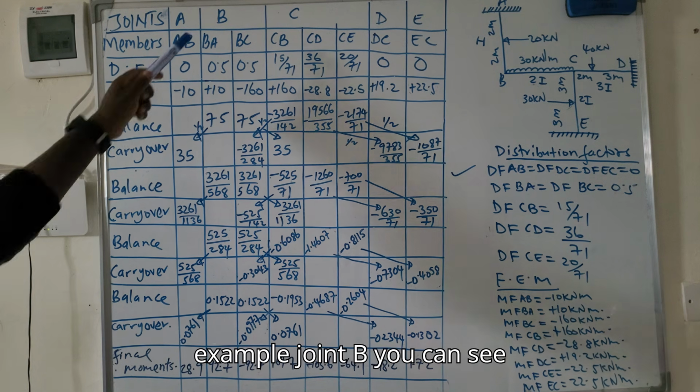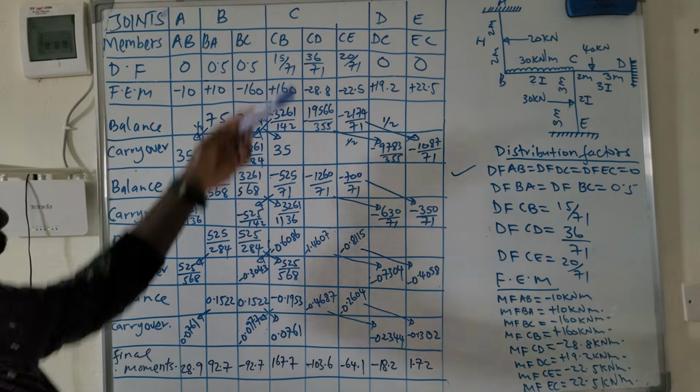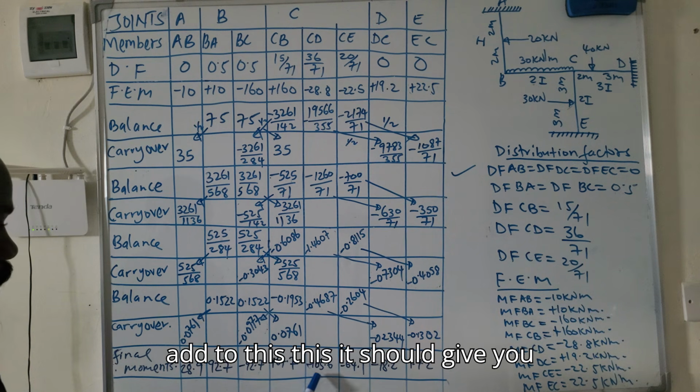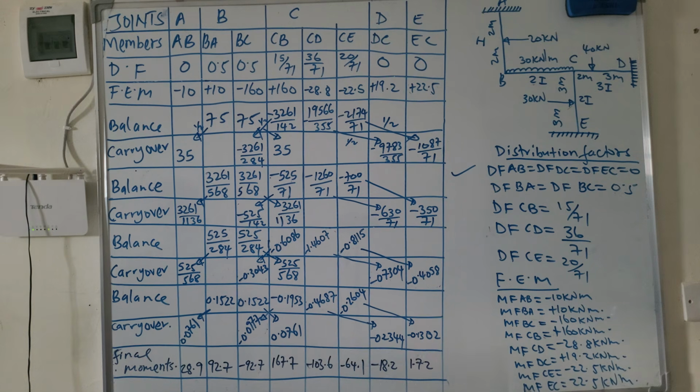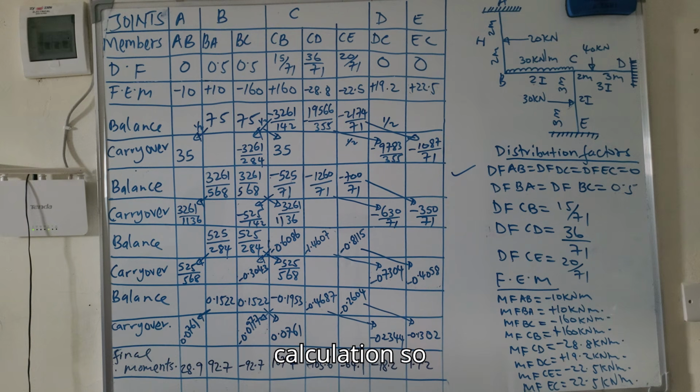For example, joint B, you can see positive 92.7 plus negative 92.7 is equal to 0. So it means our final moments are correct. We come to C. This value, you add to this, it should give you 0. If not 0, then it means you have made an error in your calculation.